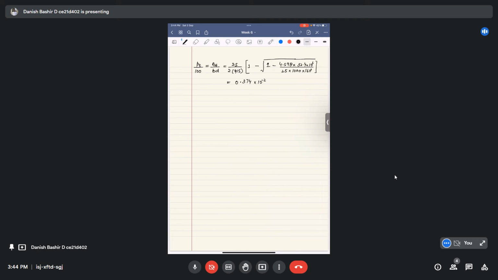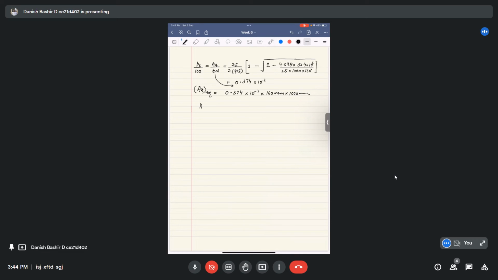Okay, so we will have our Ast required as per moment requirement equal to 0.374 into 10 power minus 2. We will have, when we transfer this to this side, d is 160 mm and b is 1000 mm.